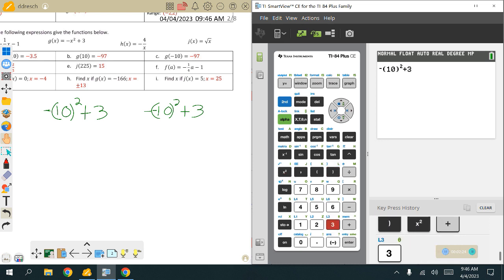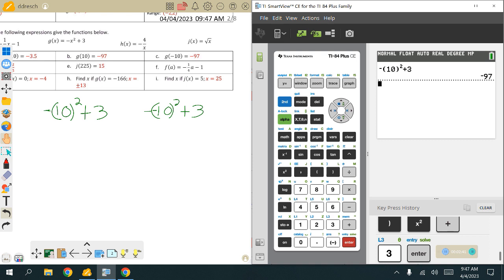Plus 3. Thank you, Grace. That's where I'm getting negative 97. There's only one negative hiding here, because only the 10 is getting squared in the parentheses. It says x squared, with that negative out front.